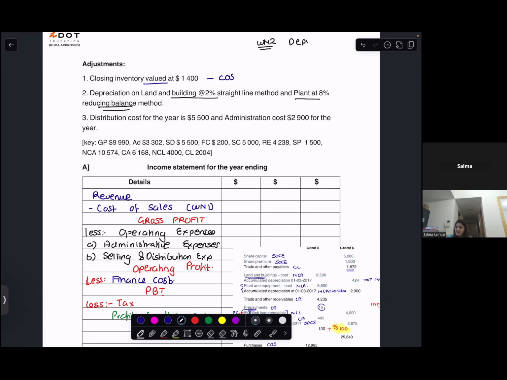So this is depreciation. I have depreciation on land and building, 2% straight line method. When I say straight line method, that means it is on the cost. So I say 8,500 into 2%, 170. Where will this go?